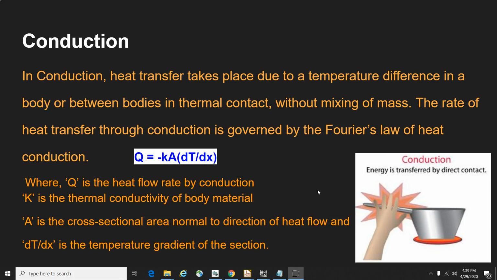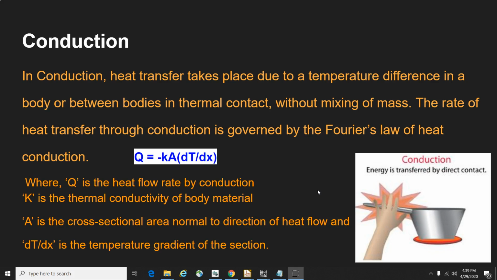Copper is a good thermal conductor. Aluminum is also a good thermal conductor. But brick is not a good thermal conductor, and rubber is not a good thermal conductor. Coal has a very low thermal conductivity, it is an insulator.